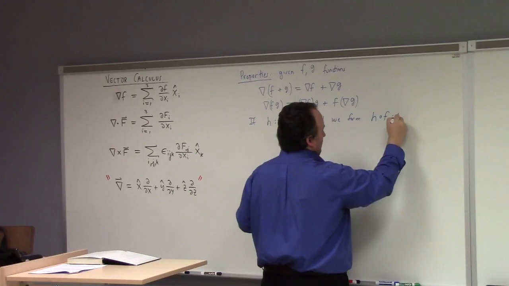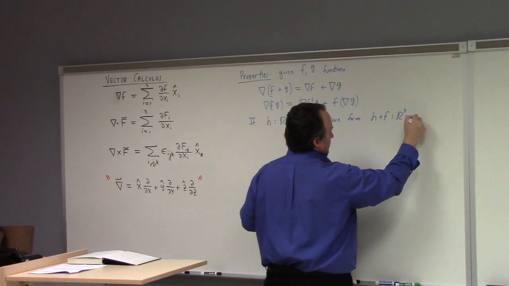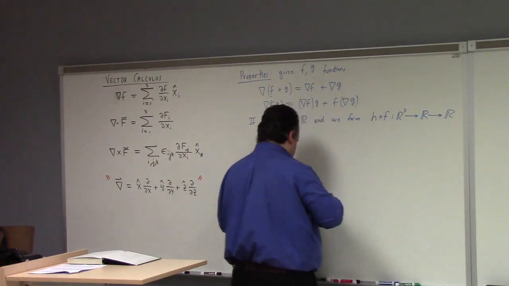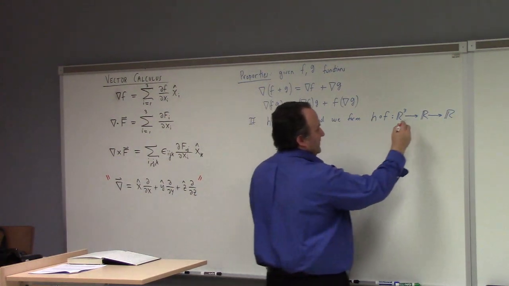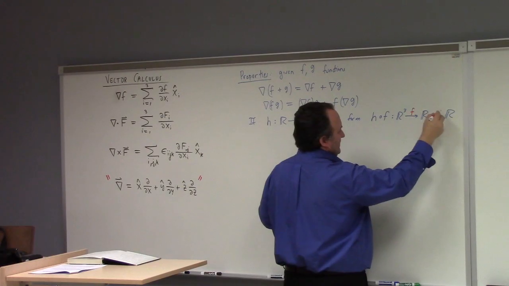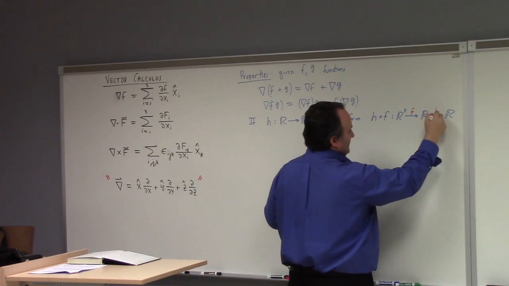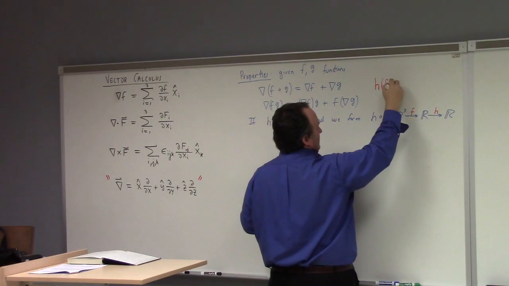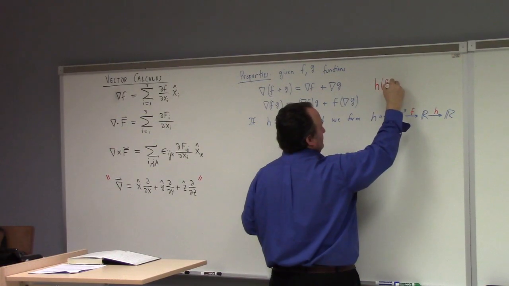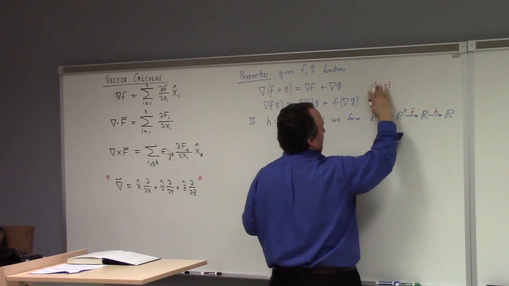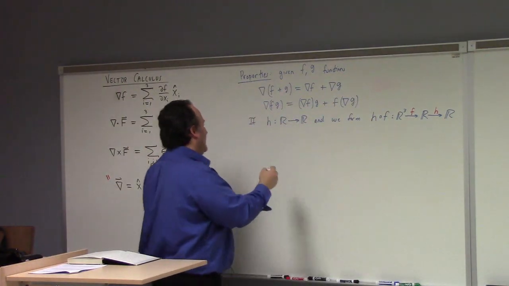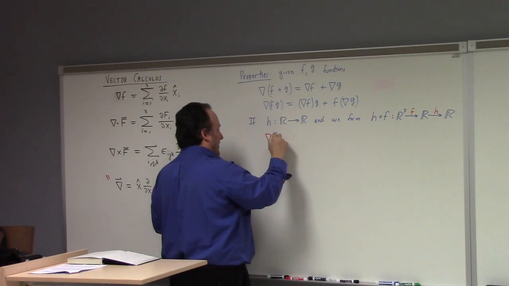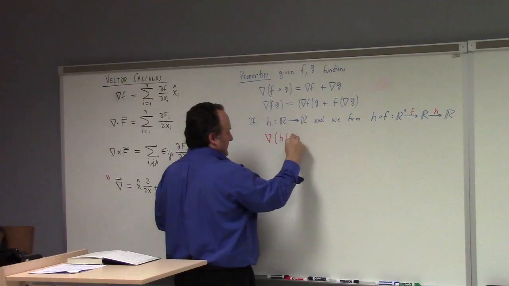Because that would be R3 to R again. So the first composition is f, and then h works last, right? So specifically h of f of x, y, z. Okay, anyway, so the gradient of h of f of x, y, z, right?